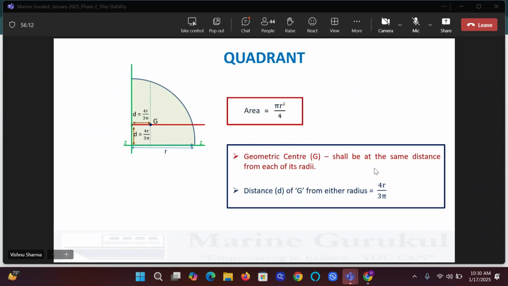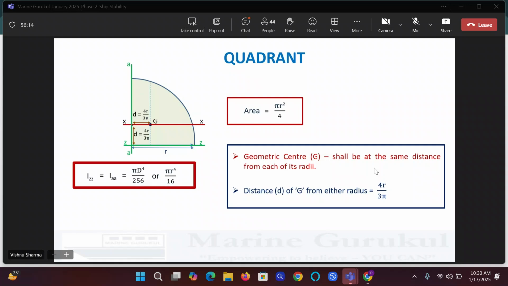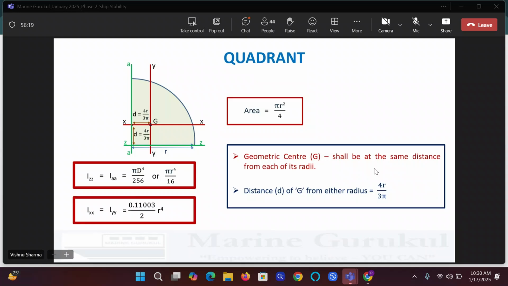And if you have any questions on it, please let me know, because this is the last slide as far as regular geometric shapes are concerned. IXX and IYY would be equal, as I had explained a while back, and they would both be equal to 0.11003 by 2 r raised to power 4. So there is no new thing to be remembered.